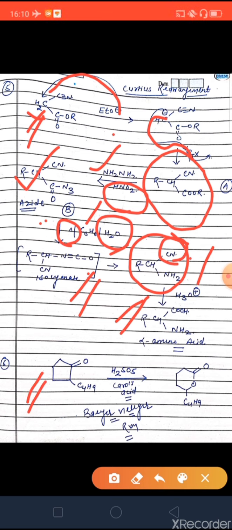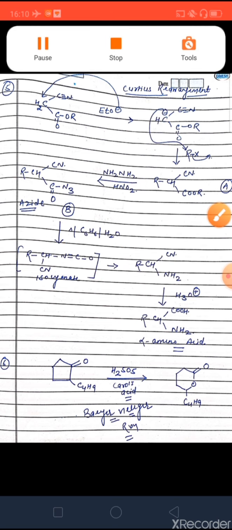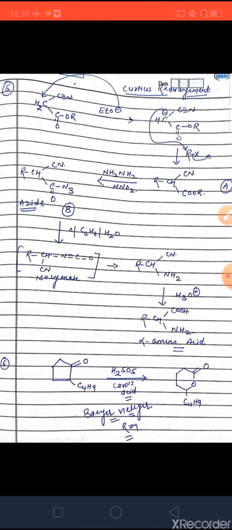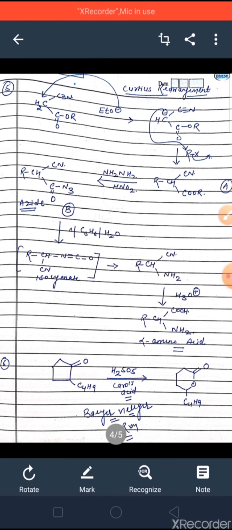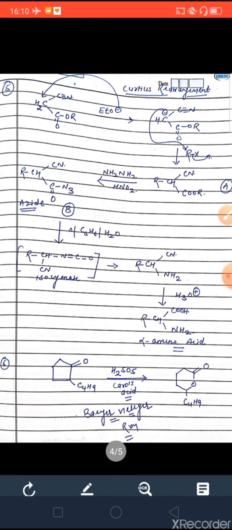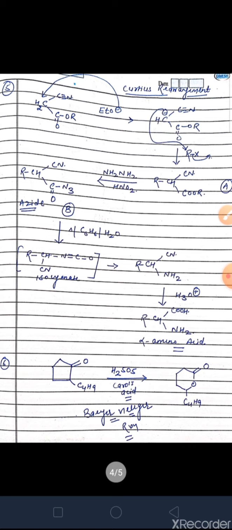Question number 6. In question number 6, we have a ketone, and this particular ketone reacts with Caro's acid. So this is basically a Baeyer-Villiger oxidation in which we have the rearrangement, and this particular group will rearrange itself and oxygen will be inserted between.